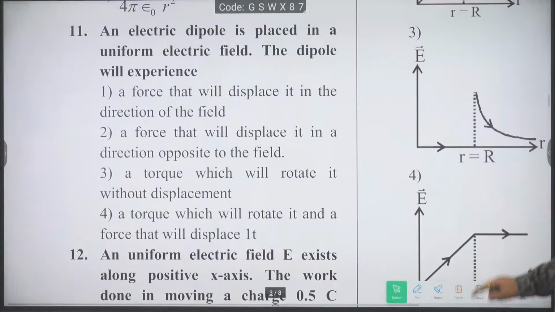Question number 11. Okay. Option 4, 2, 3, 3, 2, 4.